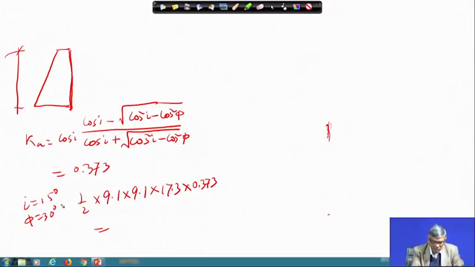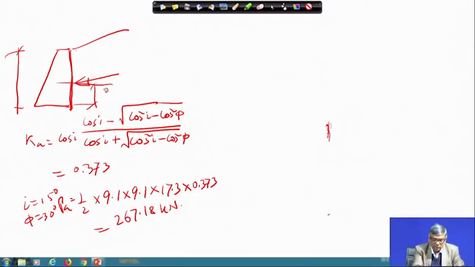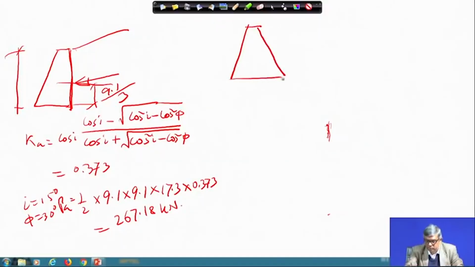If you calculate, this is P A, and this gives you 267.18 kilonewton. Okay, and this will be acting somewhere here, and this height will be 9.1 by 3.